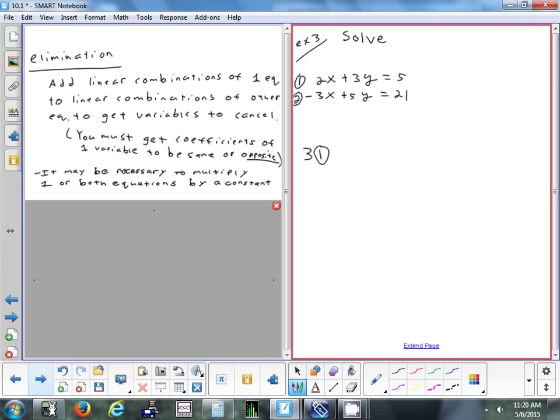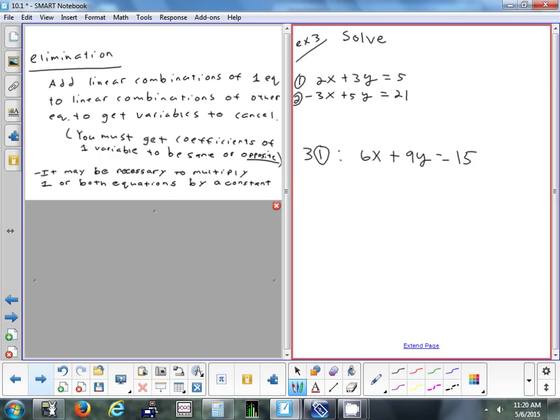Okay, this notation that I'm using, I'm going to start using when we do this, especially when we use matrices. Anything that's circled and it's a number, that represents an equation. So I'm saying 3 times equation 1. Okay, let's do that out. So that's going to give me 6x plus 9y equals 15.